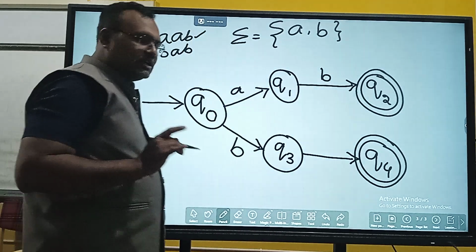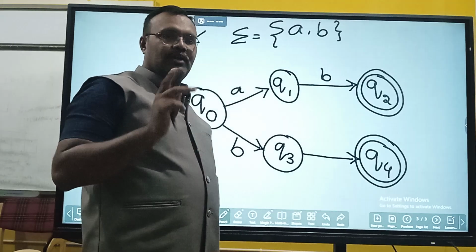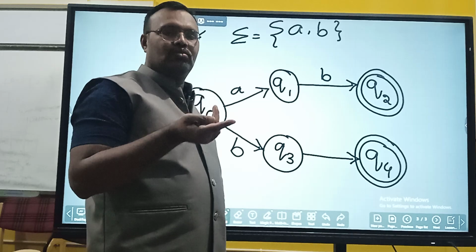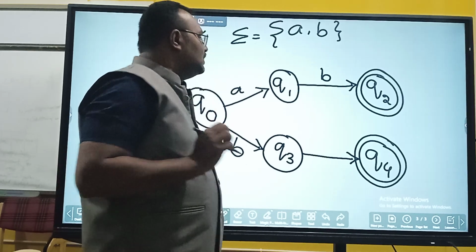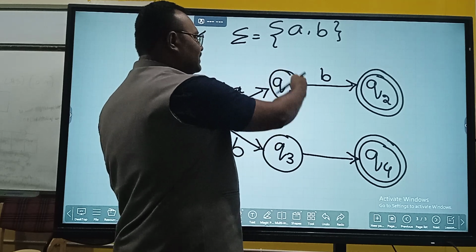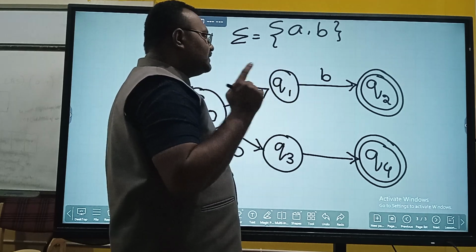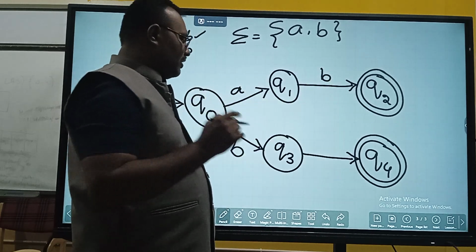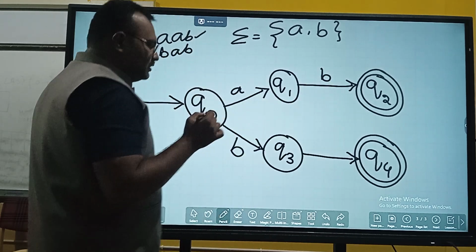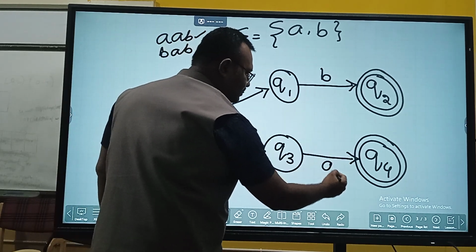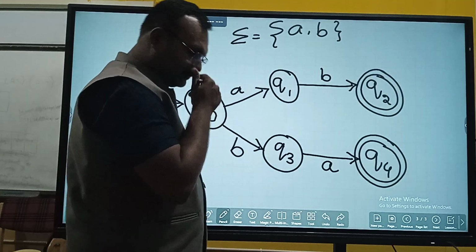No, because as per the input, we have only two inputs, A, B, and Q naught is having transition on both A and B. Correct. Now let us go to Q1. In Q1, you can see that there is a transition on B, but there is no transition on A. Okay. Now, see here, in this path, I have missed A here, so I am going to write A.